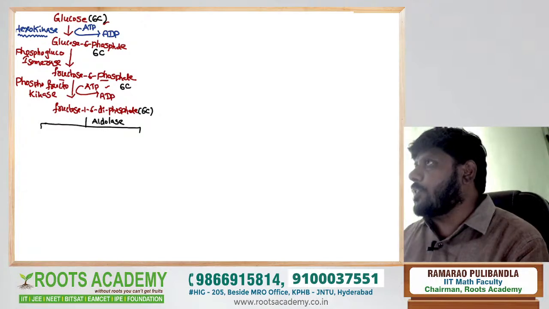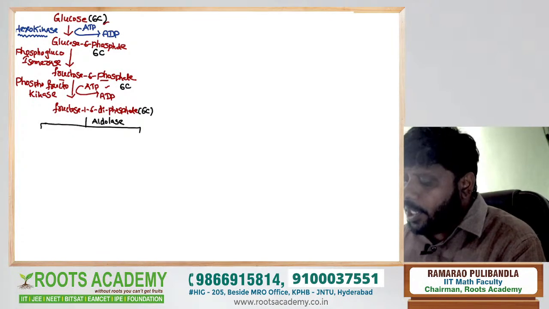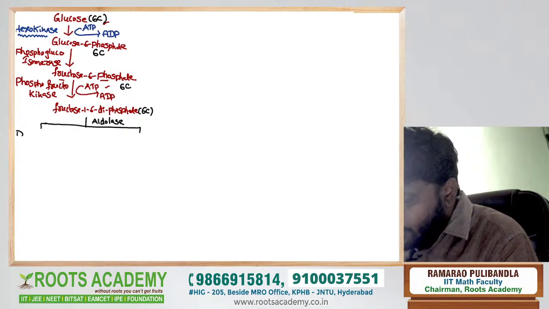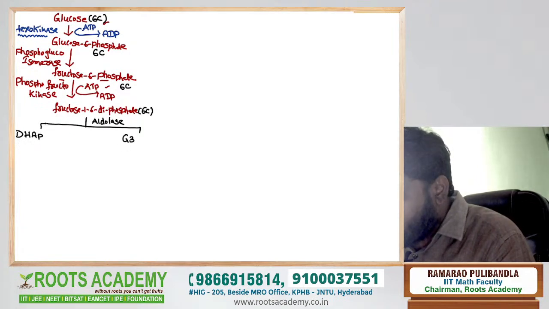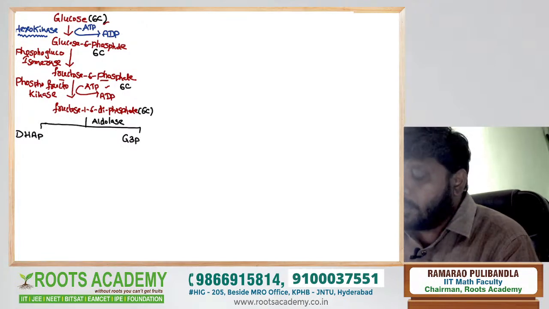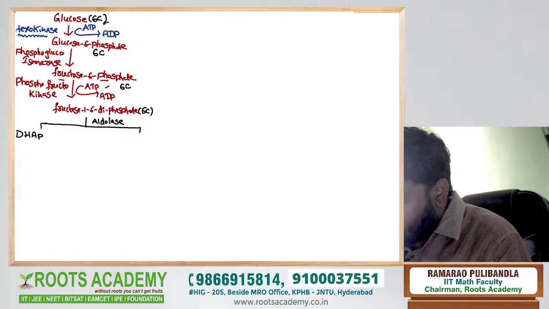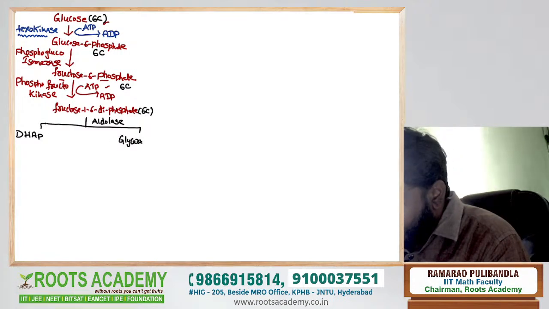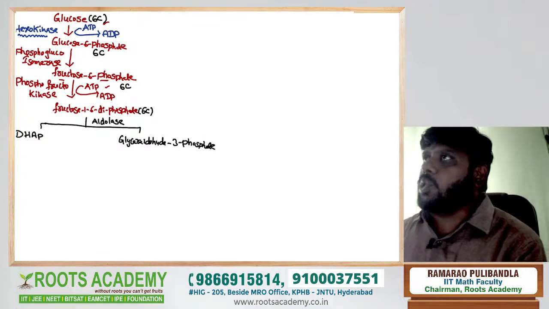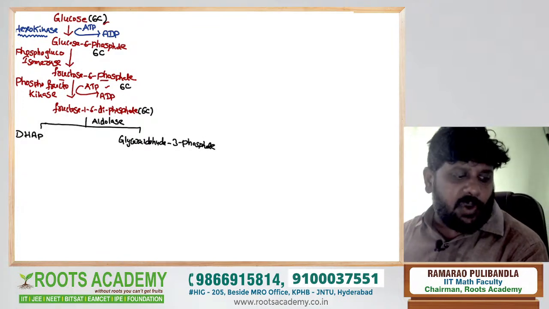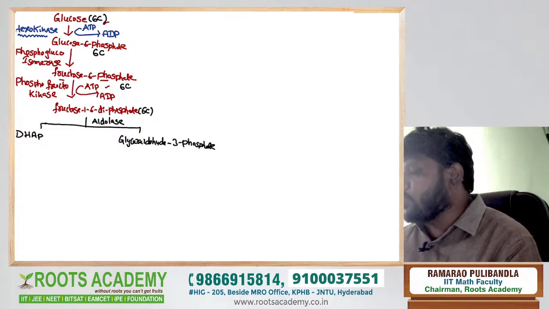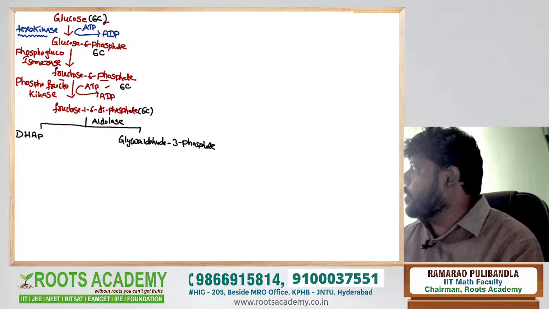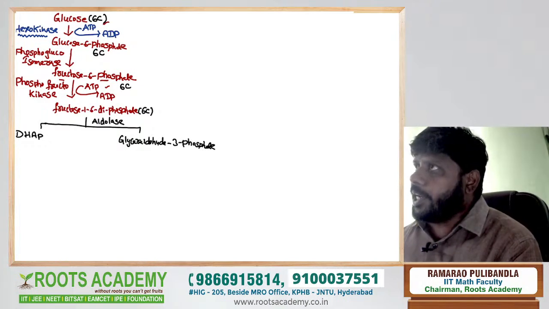So fructose 1,6 diphosphate, in the presence of aldolase, is split into 2 simpler compounds, that is dihydroxyacetone phosphate and glyceraldehyde 3-phosphate. I am writing it all.